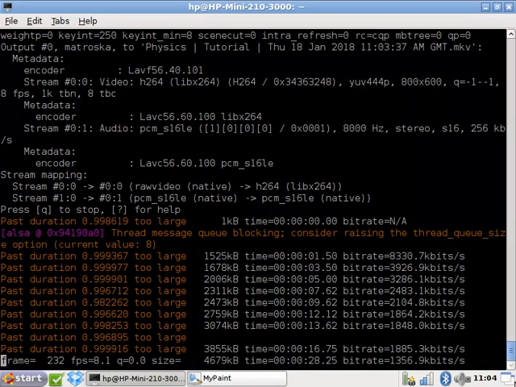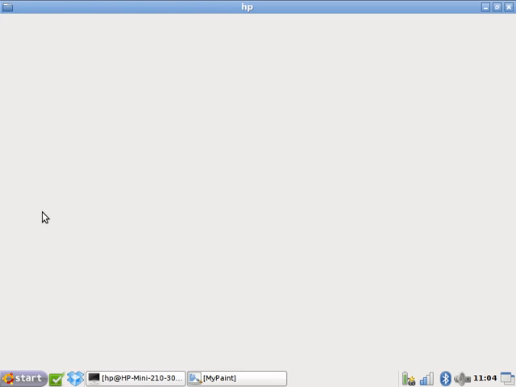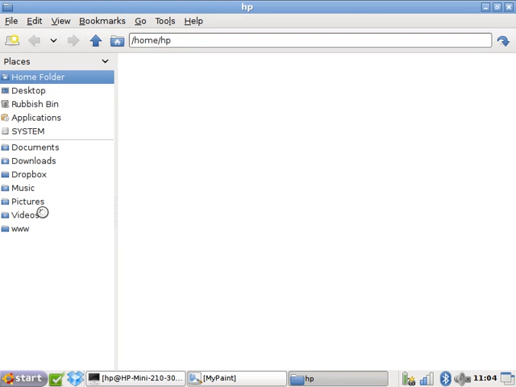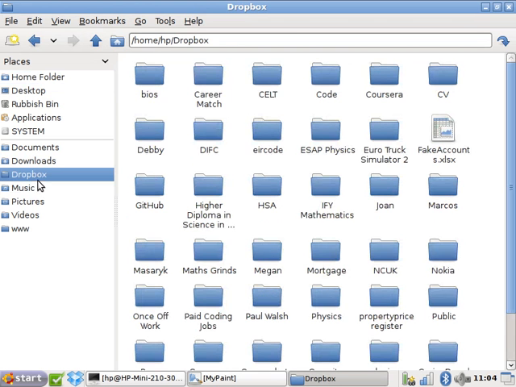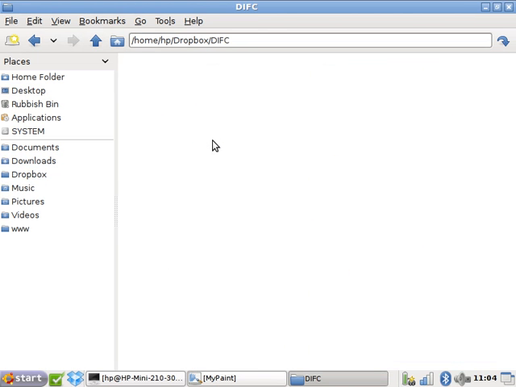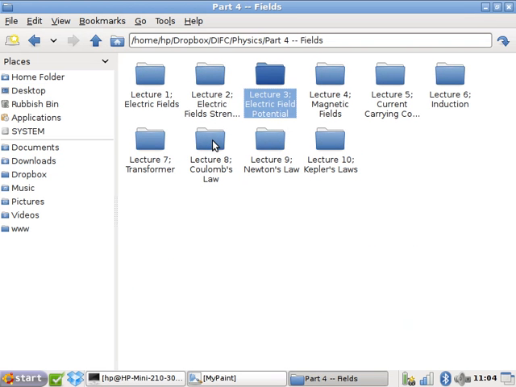Okay, let's open up. We have two that I haven't gone through the answers yet. What was the first one we need to look at? Is it electric field potential?